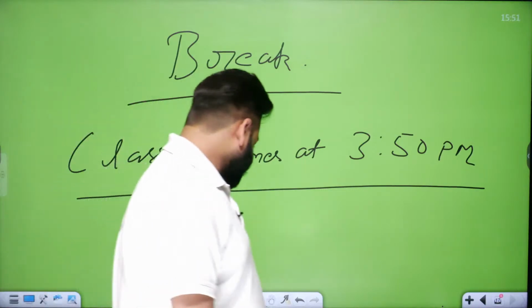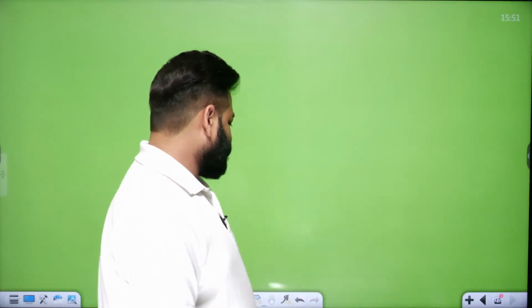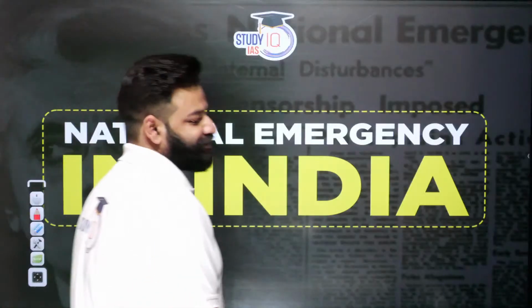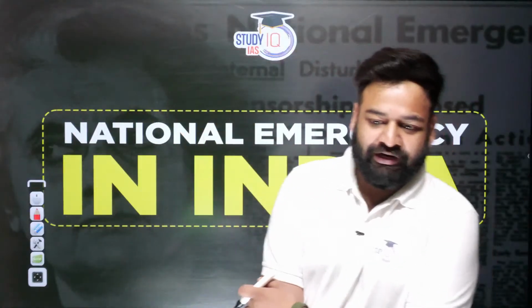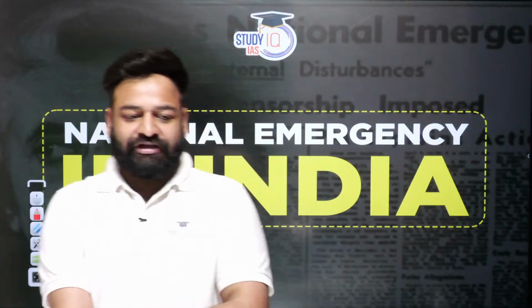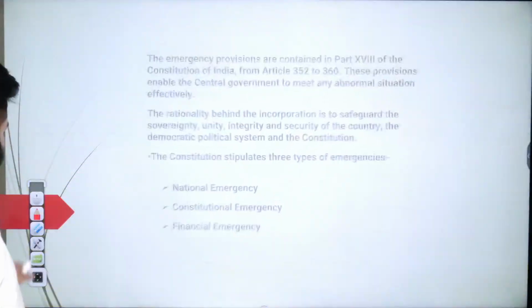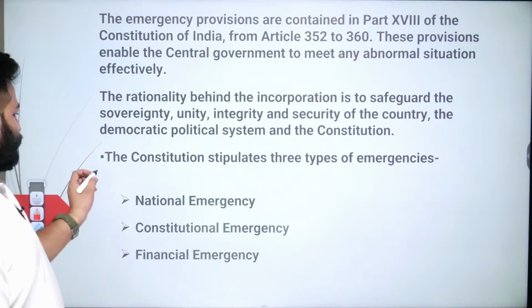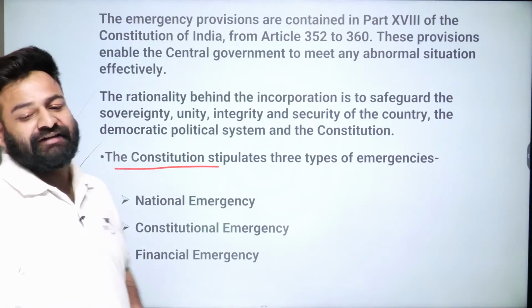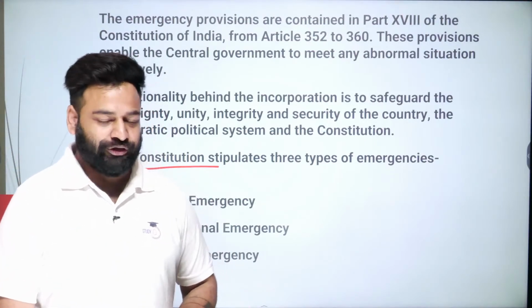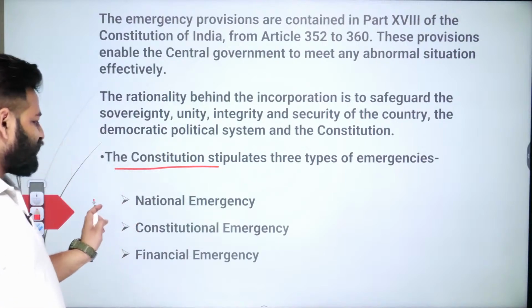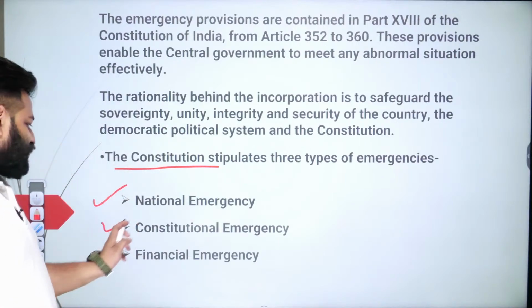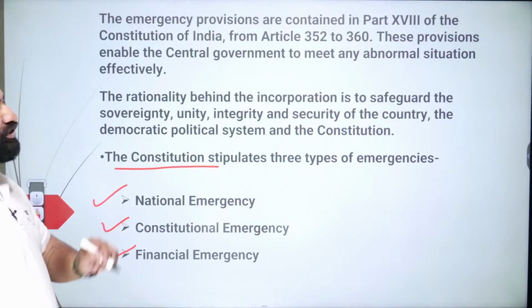So here we go with the next chapter, that is emergency provisions in India, in the Indian Constitution, right? Okay. So starting with the features, the basic features, what we have got. So the Constitution stipulates 3 types of emergencies, what we have got. Okay. So they are national emergency, constitutional emergency, and financial emergency.